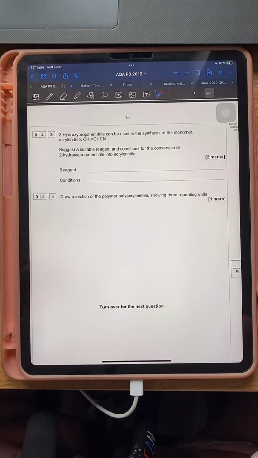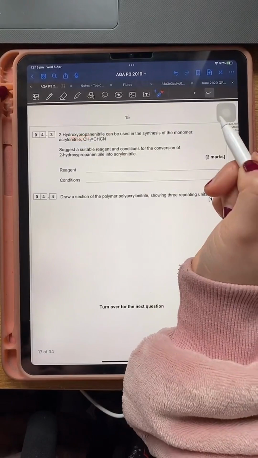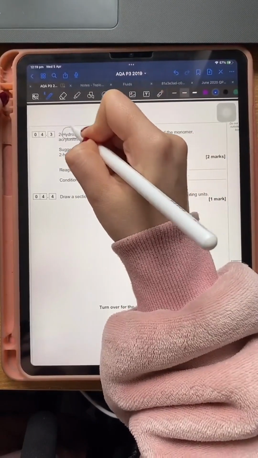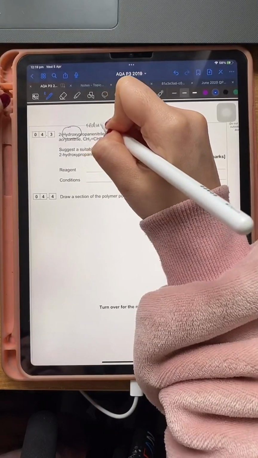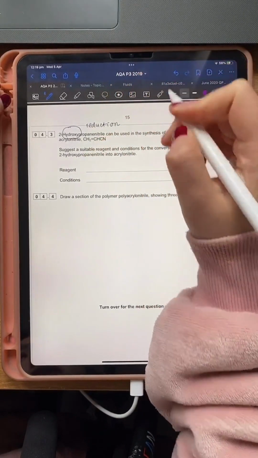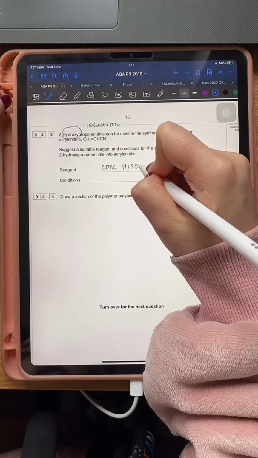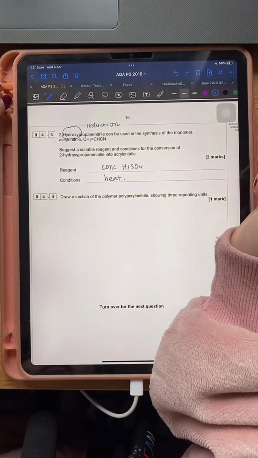So we are using this to synthesize the monomer acrylonitrile. That means we're getting rid of the hydroxy. That is reduction. And so we can use concentrated H2SO4 with heat. Or you can say reflux. That's fine as well.